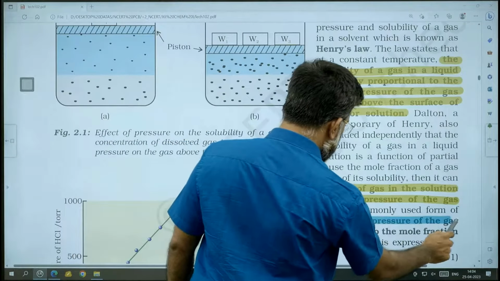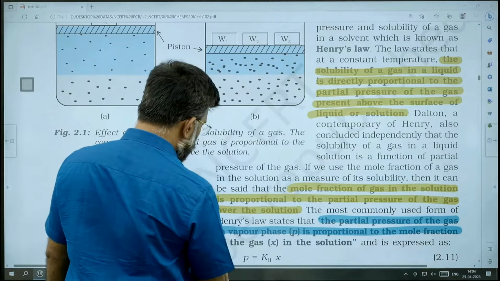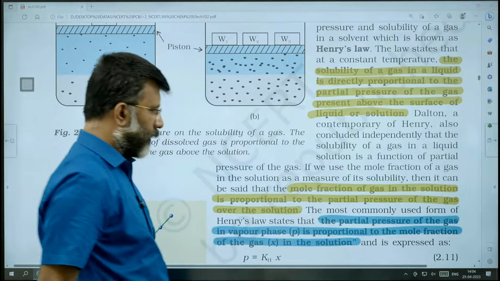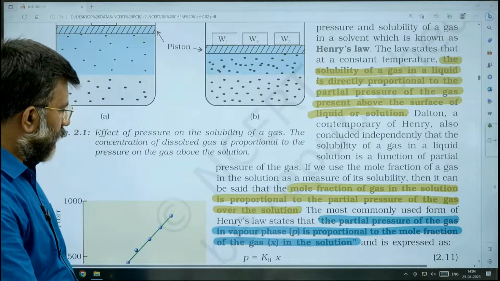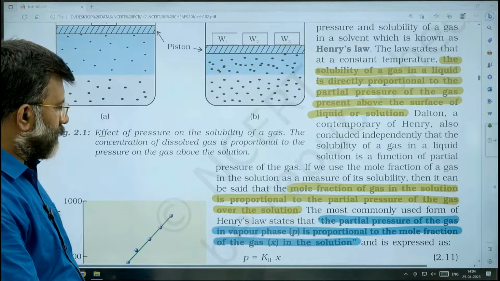The partial pressure of the gas in the vapor phase is proportional to the mole fraction of the gas in the solution.